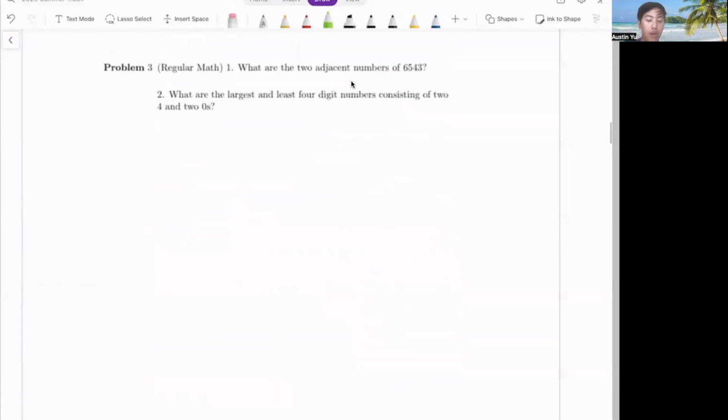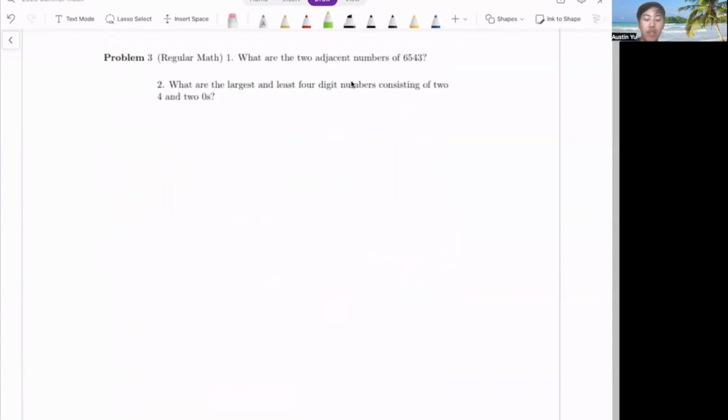Problem 3. Number 1. What are the two adjacent numbers of 6,543? For this, adjacent means that the number is right next to 6,543, so either subtract 1 or add 1. In order to subtract 1, we always start from the rightmost side, the units. So 6,543 minus 1 from the units, 6,542.